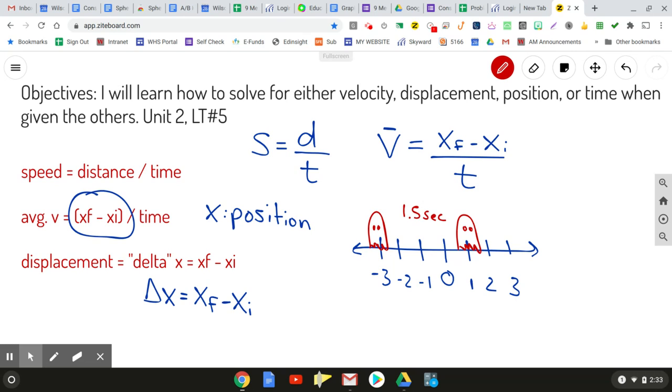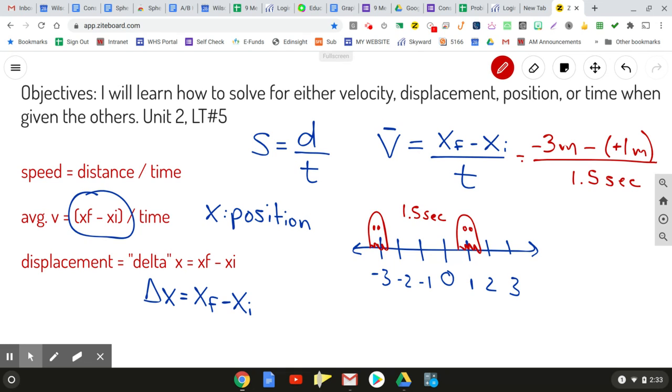So there's no algebraic manipulation here. If we wanted to solve for the average velocity, our final position here is technically -3 meters, and we would subtract its initial position, which was +1 meter, and take that entire thing and divide by the 1.5 seconds of time elapsed.